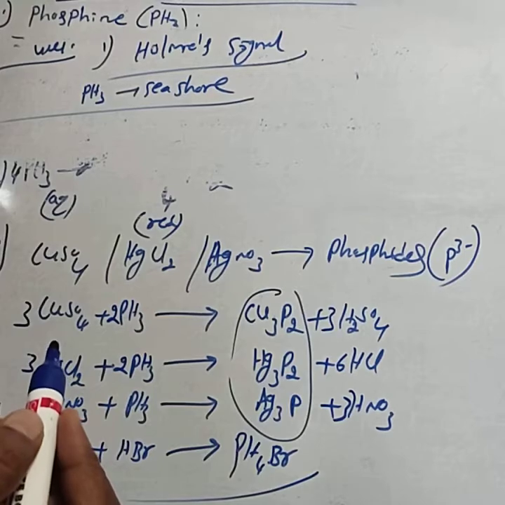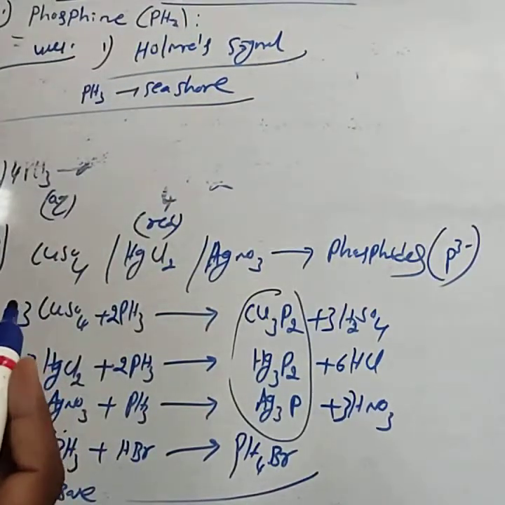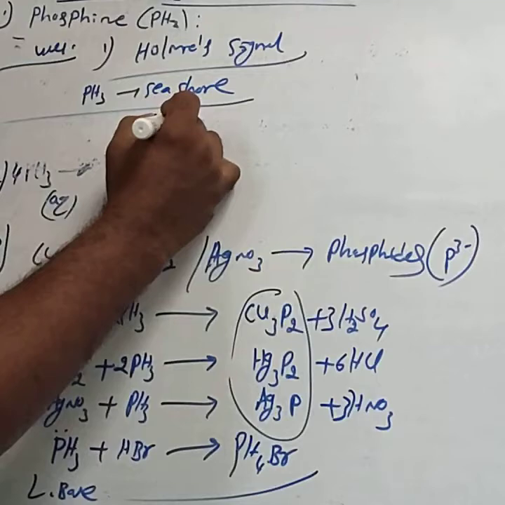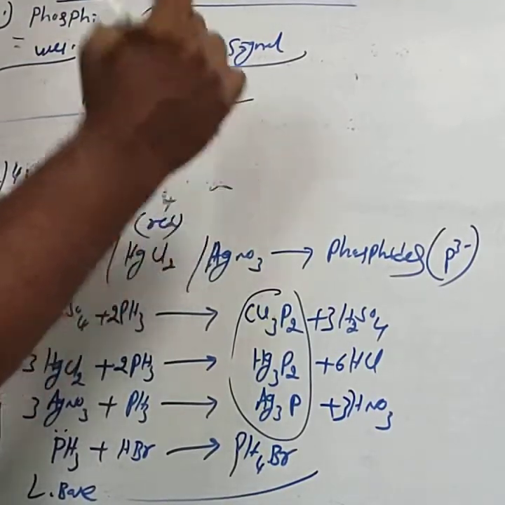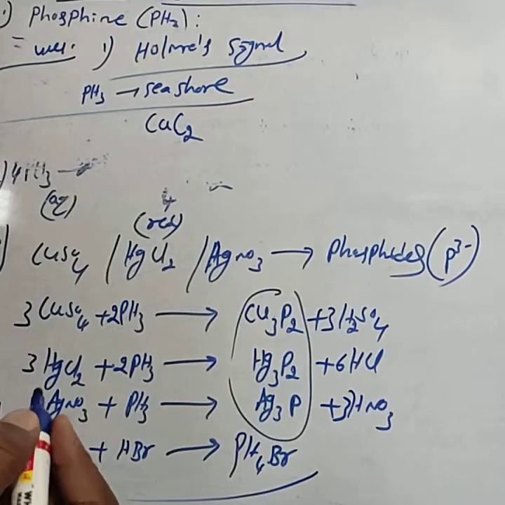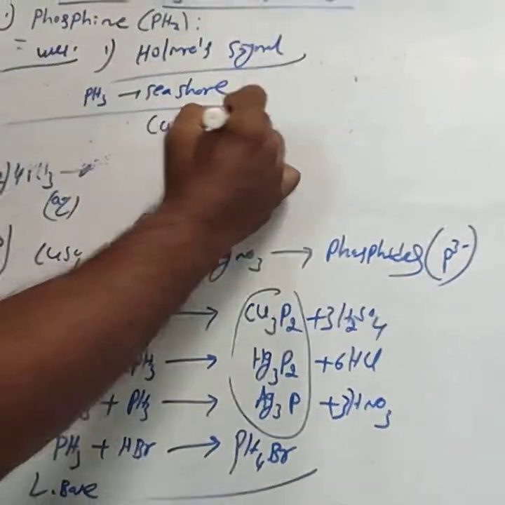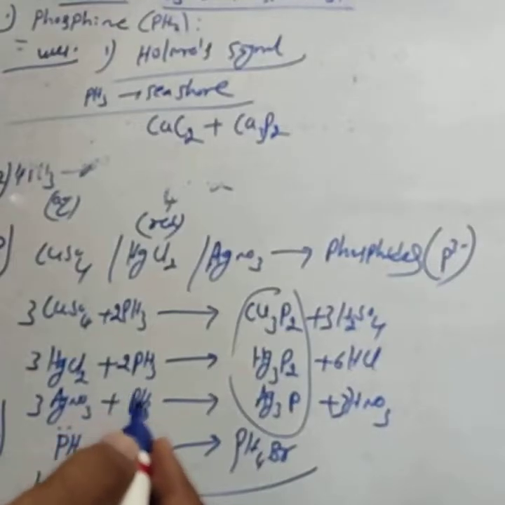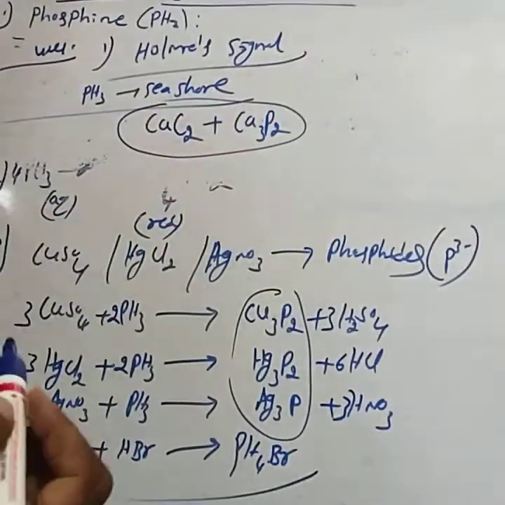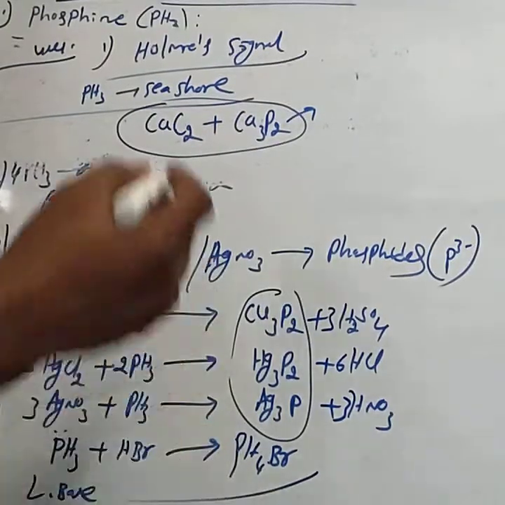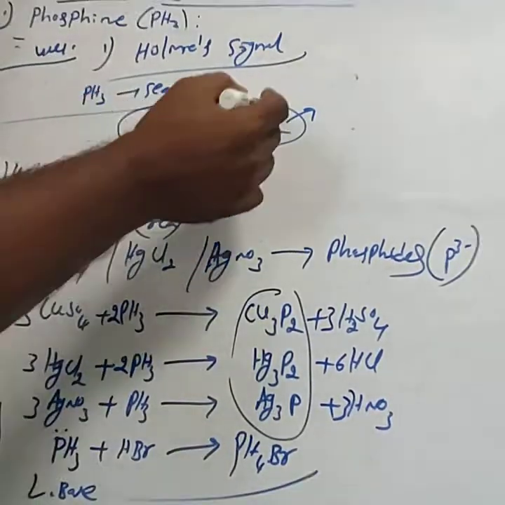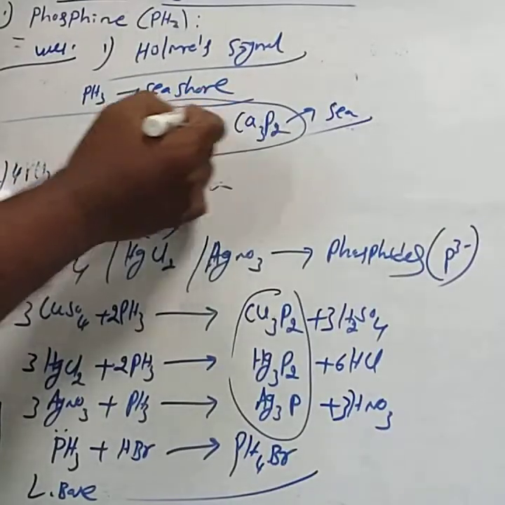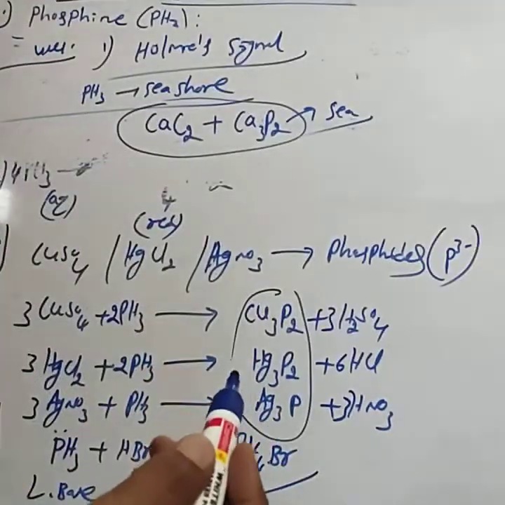How are the signals generated in the seashore? Metallic containers containing a mixture of calcium carbide and calcium phosphide, Ca3P2, are thrown into the sea.